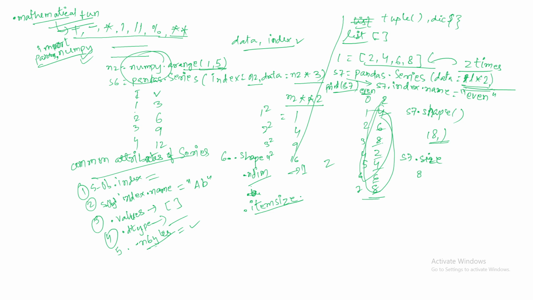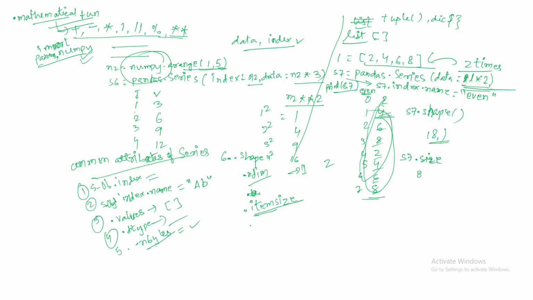Dot item size means how much memory every value will take. That means each character, each digit, each value will accept how many bytes. So the item size displays the size of each element.